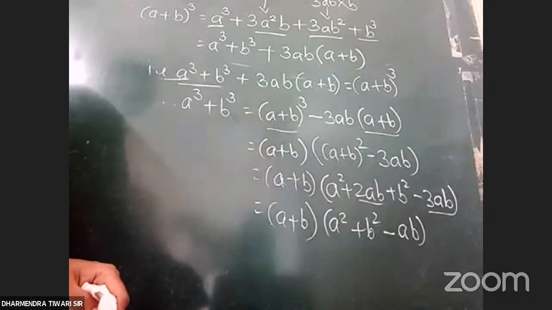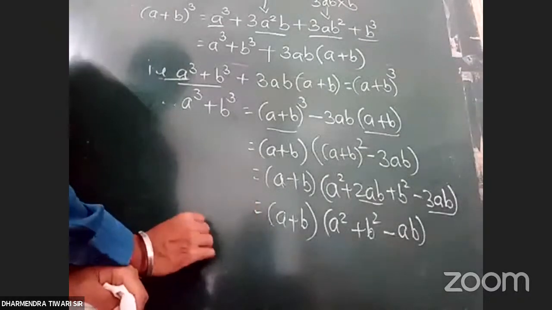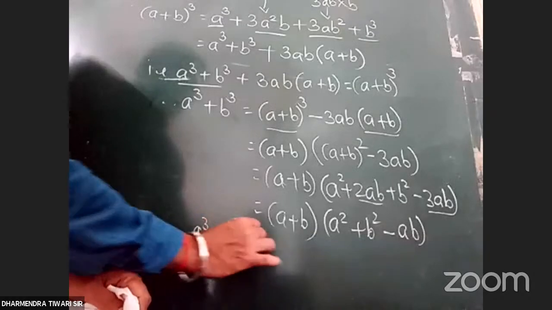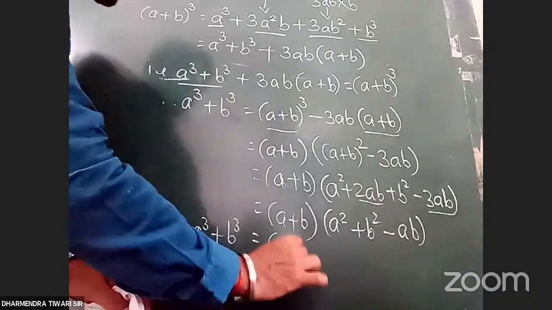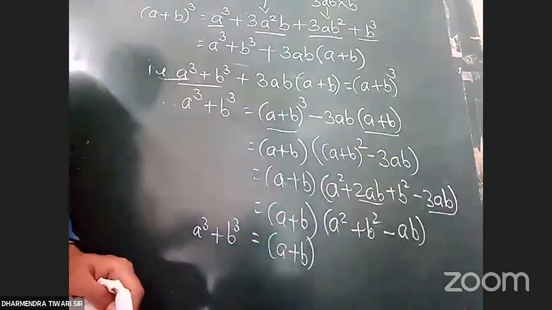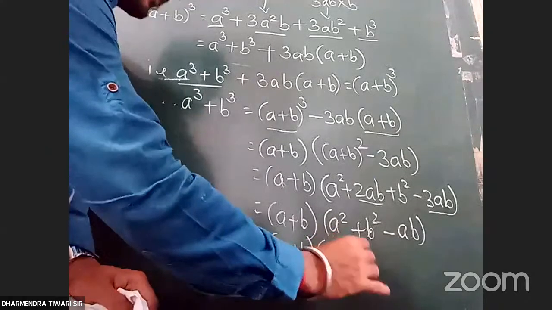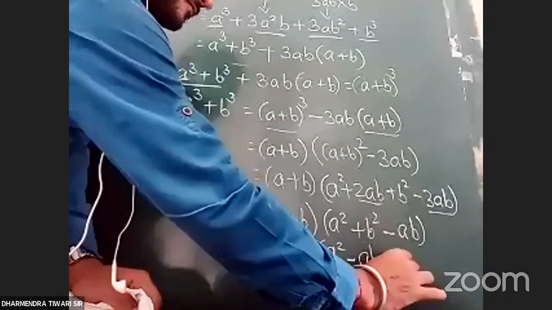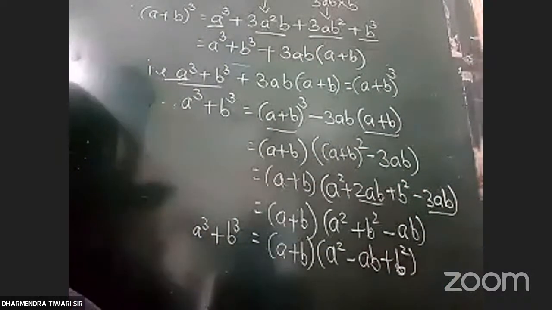So by rearranging, as I have given you the formula, a cube plus b cube is equal to a plus b into a square minus ab plus b square. Done.